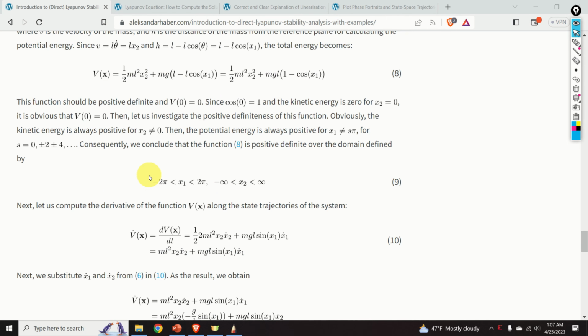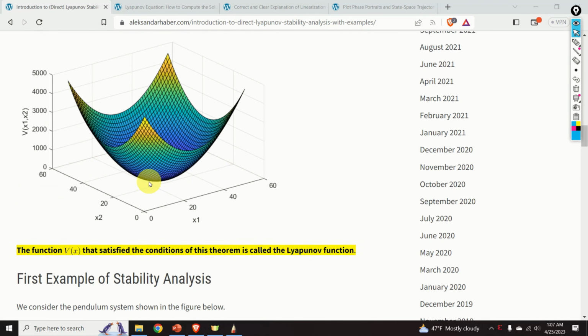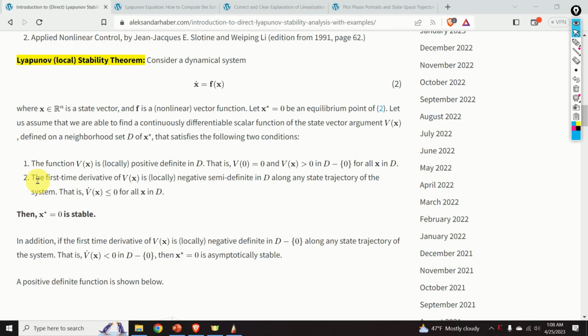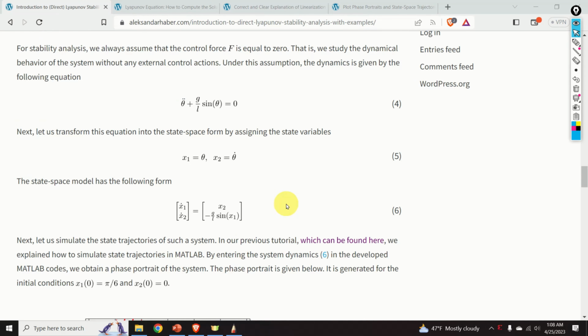Next, let's go back to our Lyapunov function and let's read it carefully. Here it's written that the first time derivative of V of x is locally negative semi-definite in D along any state trajectory. This means that we need to couple our first derivative of the Lyapunov candidate function with our model. And here is our model.